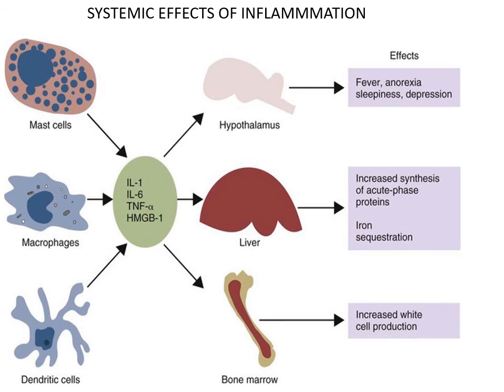Okay, so when we look on the left side here, we're going to talk about systemic effects of inflammation. So say you have a rip-roaring pneumonia, and the mast cells and the macrophages and the neutrophils that aren't labeled there are releasing all of these cytokines into the bloodstream.